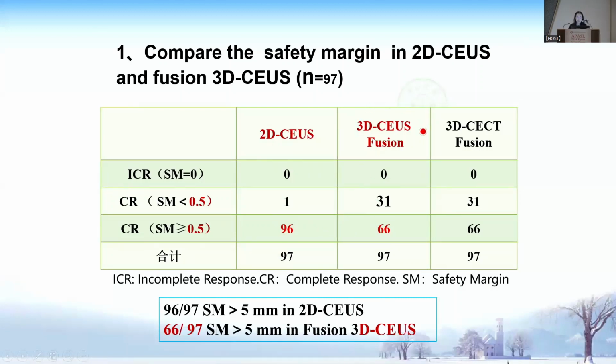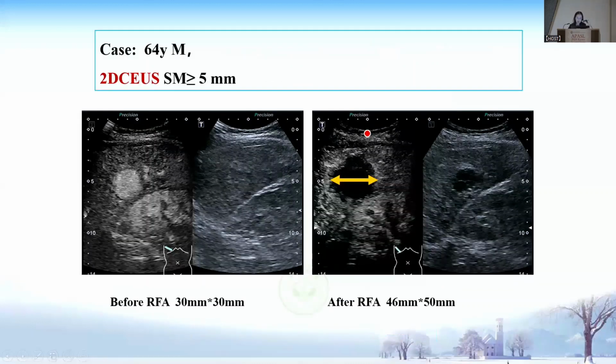And the results are very similar in 3D fusion and 3D CECT. So it means the 3D contrast fusion is very important for safety margin diagnosis.